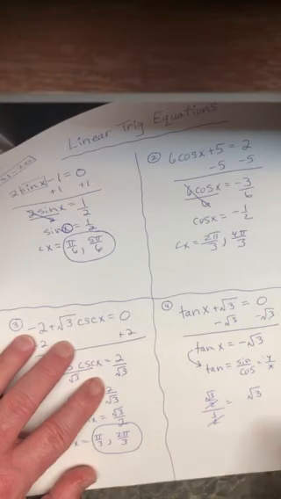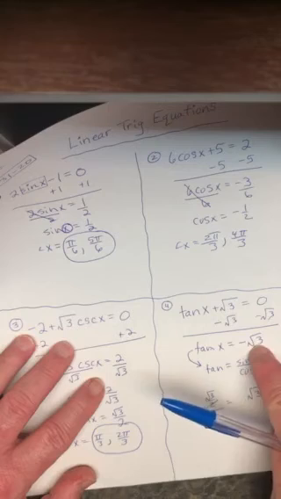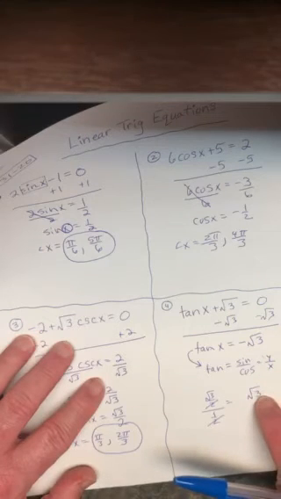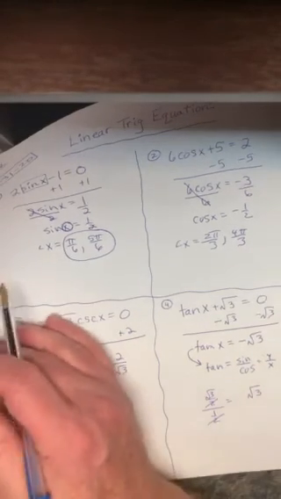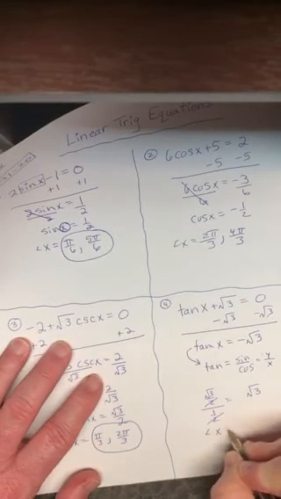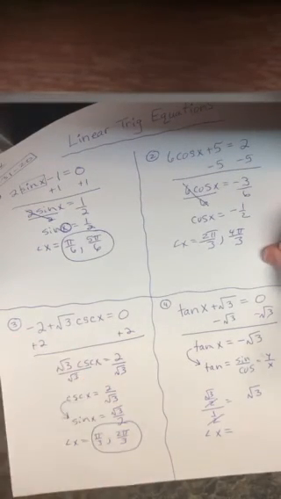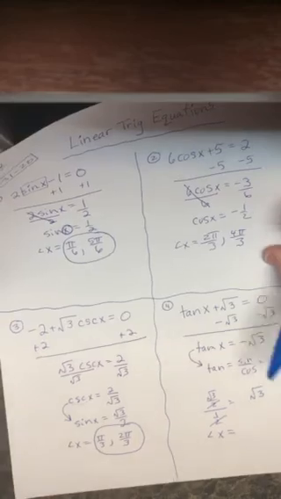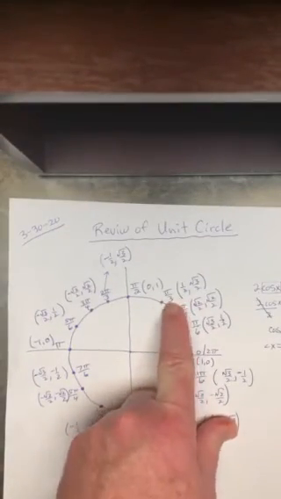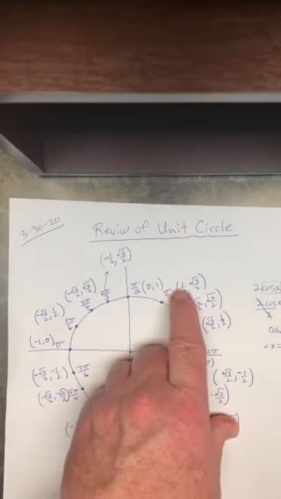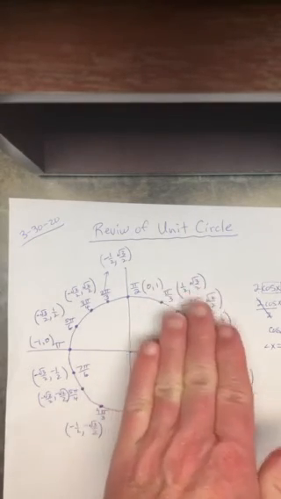Now, obviously, our answer was negative radical 3, not radical 3. So doesn't that mean that I need my y and x coordinates to have opposite signs? So I know the answer to this question is going to be angle x equals, and I'm going to have 3 on the bottom, the pi over 3 value, but I want my x and y to have opposite signs.